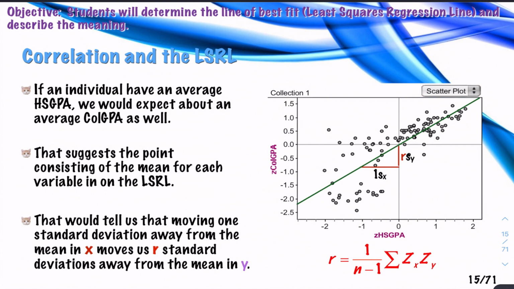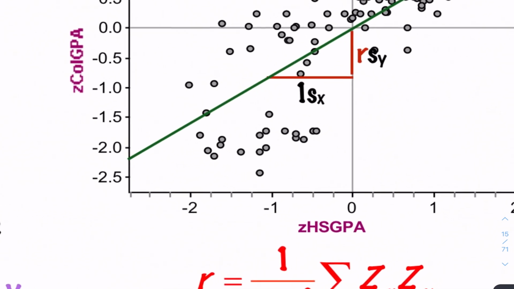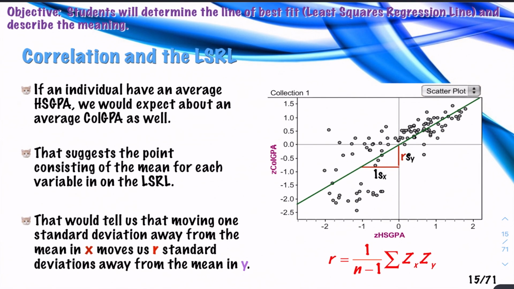Now, even more so, if we're just looking at the Z scores of the high school GPA and the college GPA, if an individual has an average high school GPA, we would expect about an average college GPA. That's at 0, 0. That's our origin.